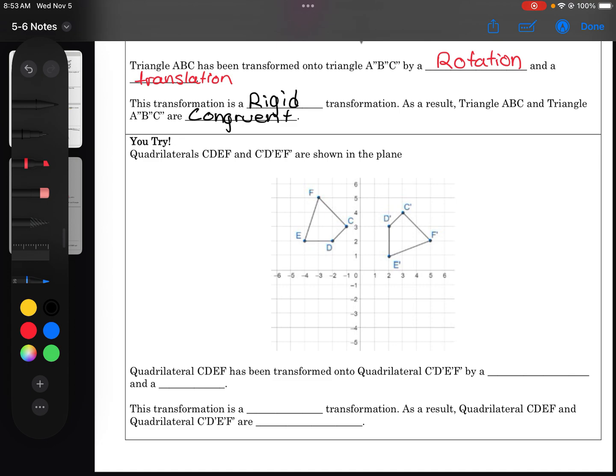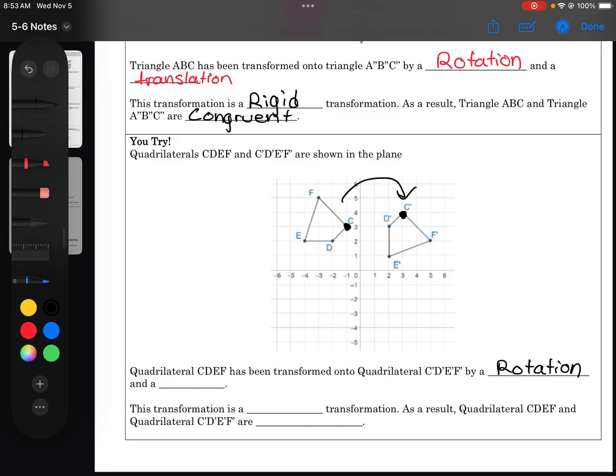Here's the answers. Quadrilateral CDEF has been transformed onto quadrilateral C prime, D prime, E prime, F prime. You can see it turns, so it's a rotation. And then, looking here, you can see point C is at -1, 3. Point C prime is at 4, 3.